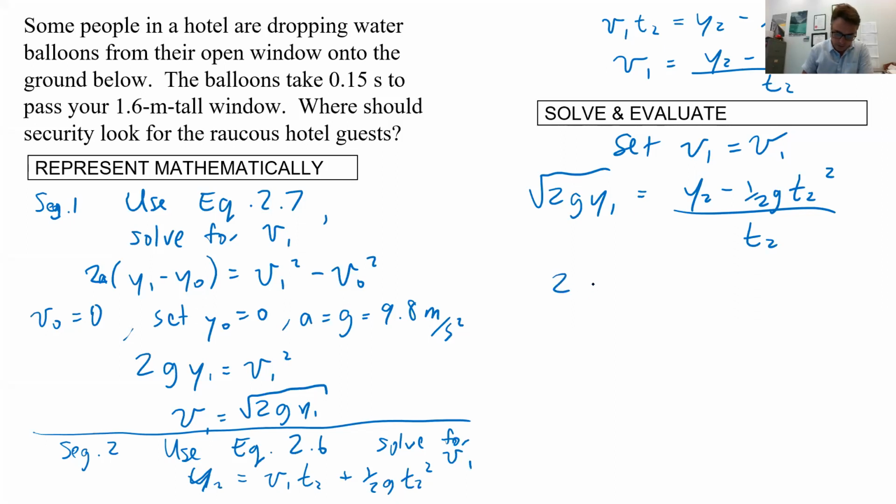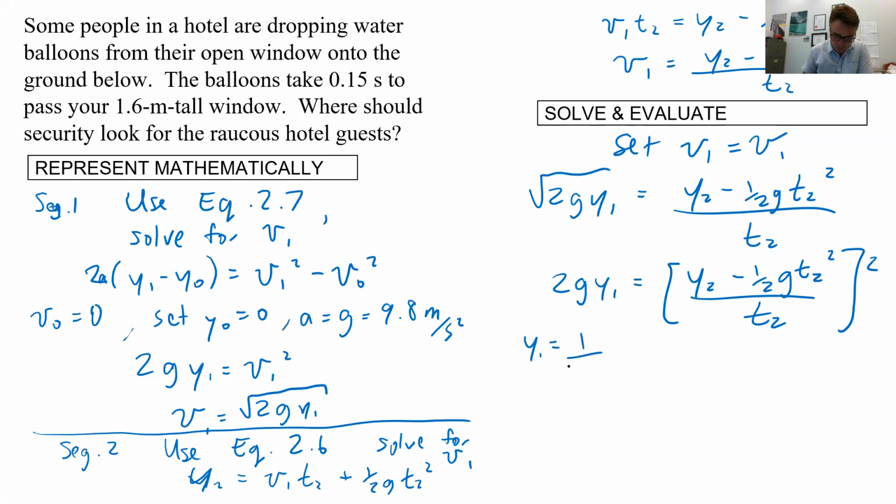To get rid of that square root, I'm going to have to square both sides, over T2 all squared, and then just divide. So Y1 is equal to 1 over 2 times G times all that stuff, Y2 minus 1/2 G T2 squared divided by T2 all squared.